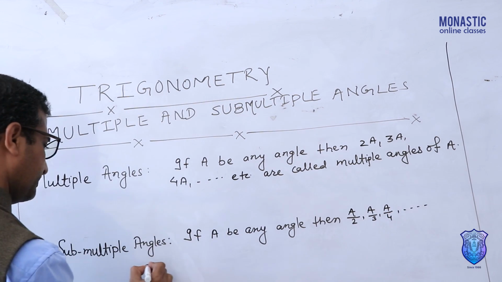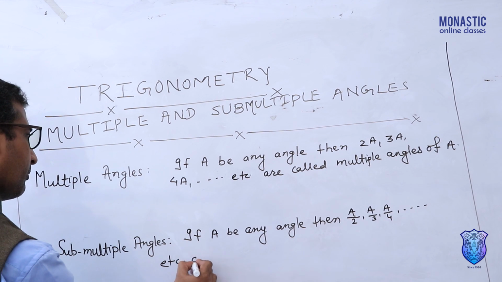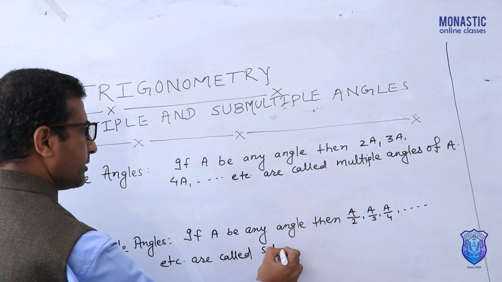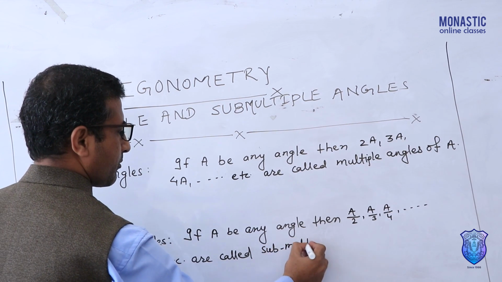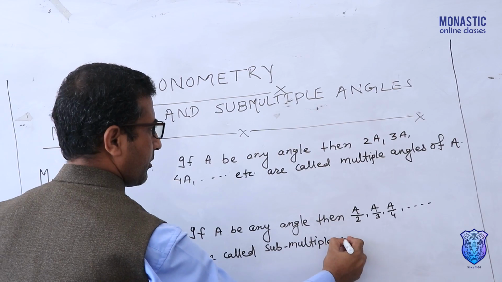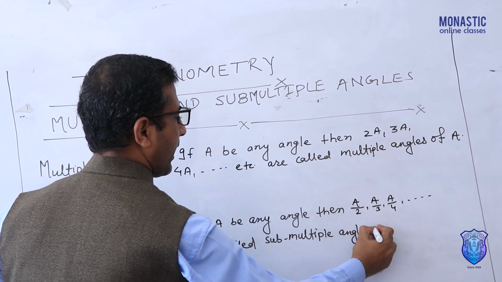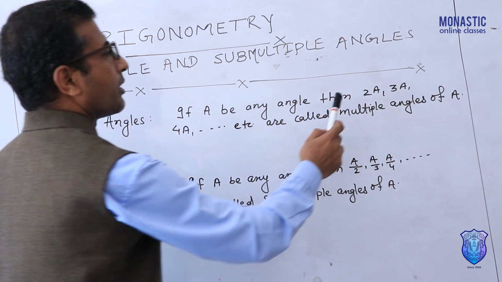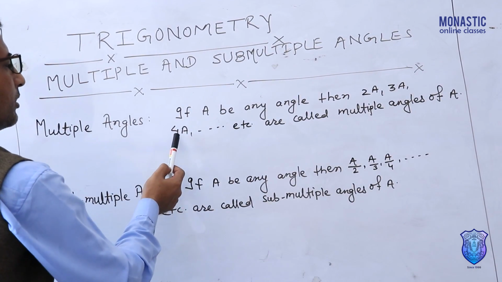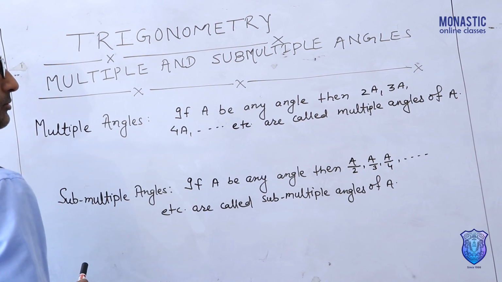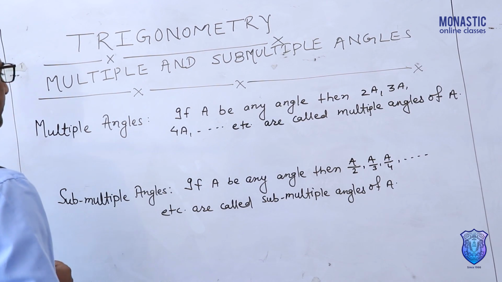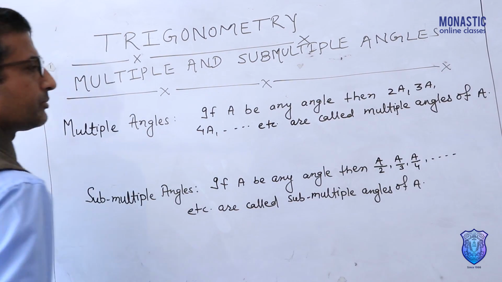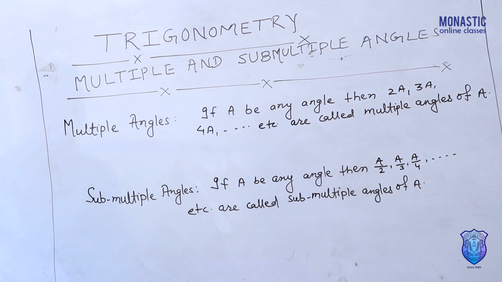These are called sub-multiple angles of angle A. So when the multiplier is a natural number or integer, it is multiple angles. When it is a fraction, then it is sub-multiple angles.